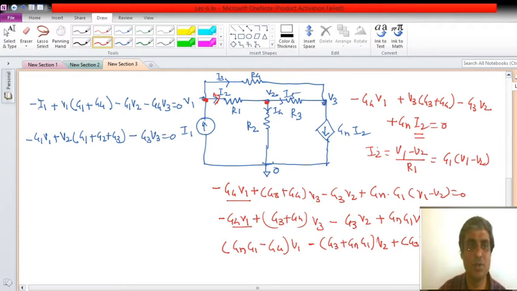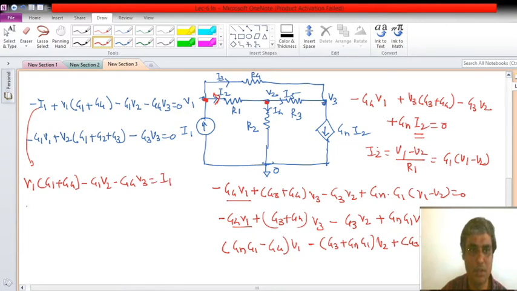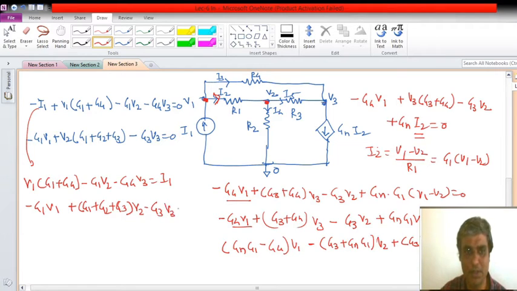And this will be V1 times G1 plus G4, minus G1 V2, minus G4 V3, equal to I1. Similarly, this is minus G1 V1 plus G1 plus G2 plus G3 times V2, minus G3 V3, which is equal to nothing, no source, so this must be equal to 0, right?